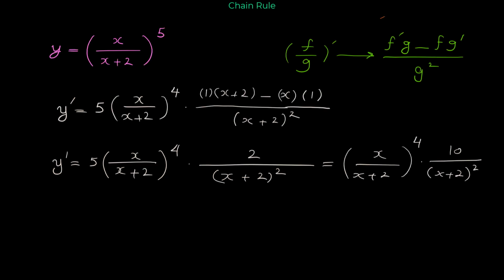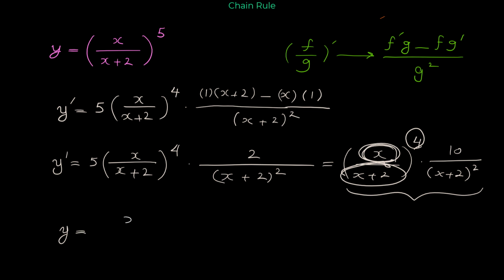We can rewrite this answer in another form too. This power 4 applies to both the numerator and denominator, so we can rewrite this as x to the 4 over (x plus 2) to the 4 times 10 over (x plus 2) to the 2.